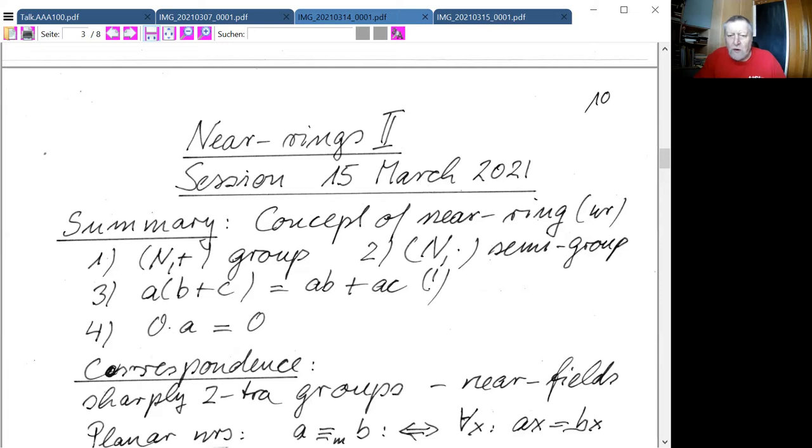Then there are two blue bars on the top of the page where you see the participants. I do not see it at the moment.